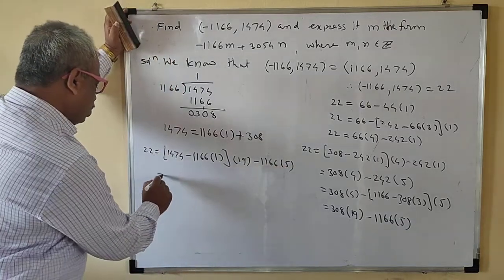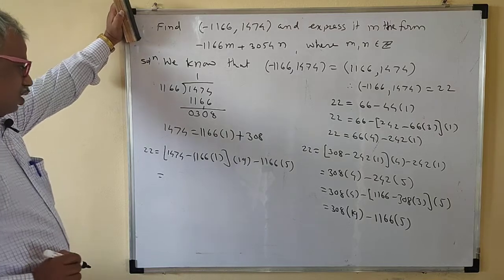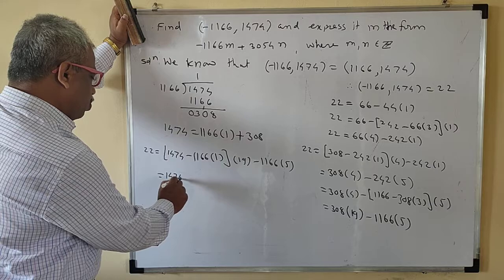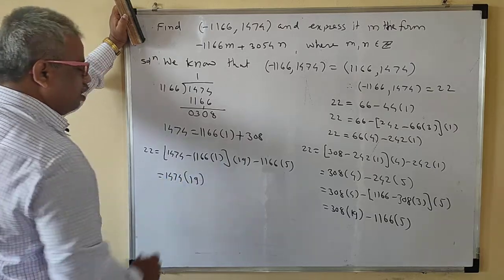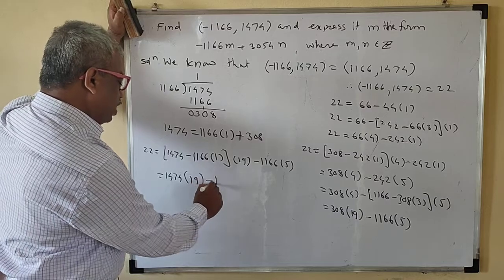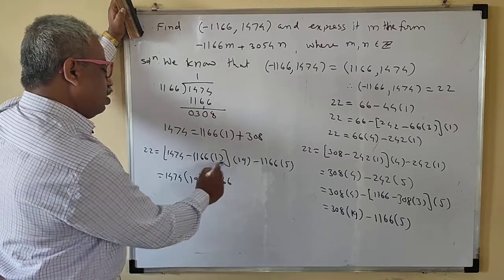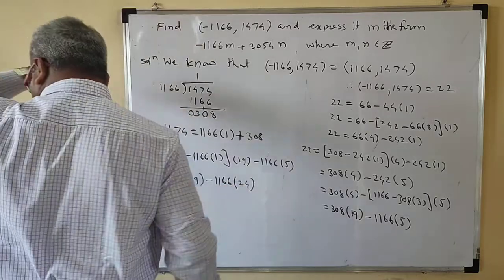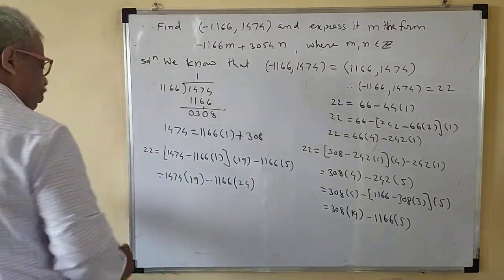Okay, so now this is equal to. First we will collect this 1474; this is 19. Then this minus becomes plus: minus 1166 into this 19 and this 5, so this is 24.